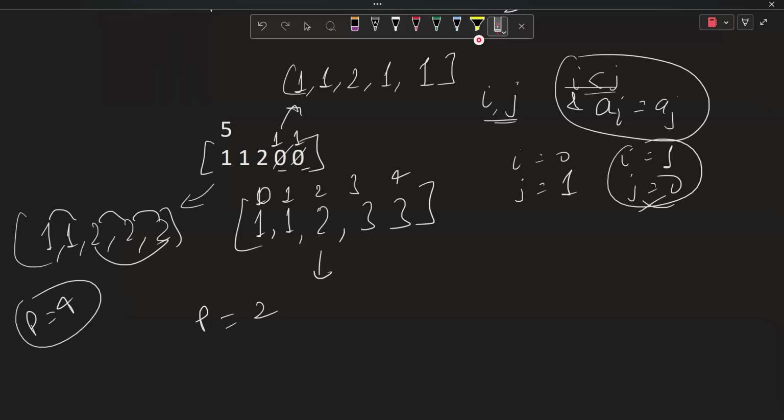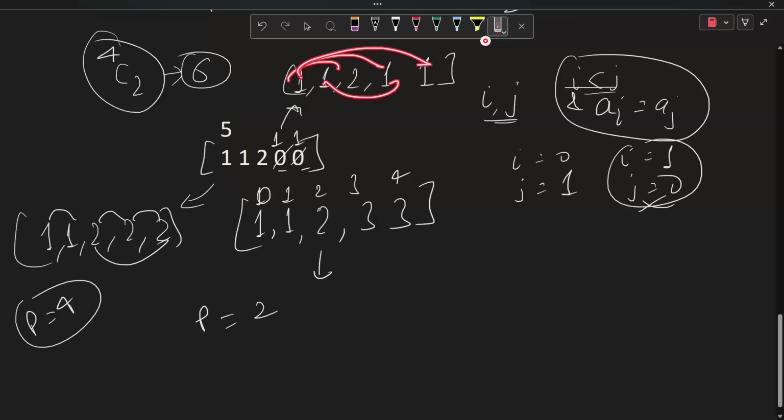You need to select any 2 from 4, so 4C2 pairs. 4C2 is 6. So here there would be 6 pairs: 1, 2, 3, 4, 5, and 6. These 6 pairs would exist so that A_i and A_j are equal.